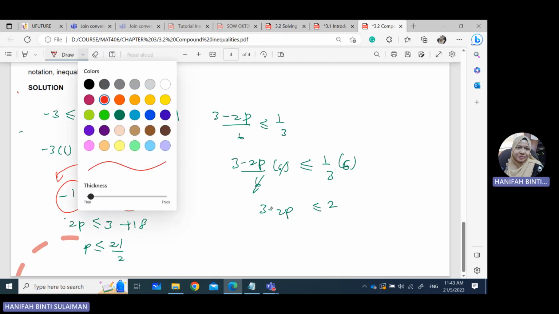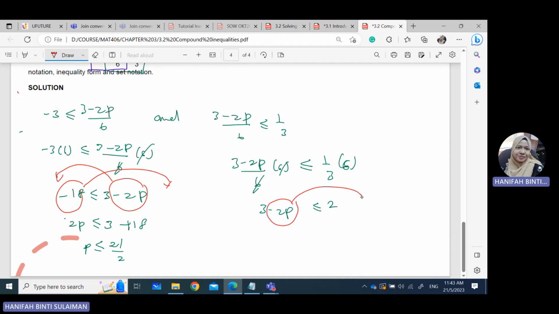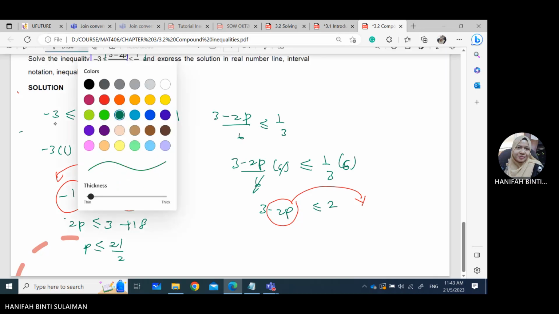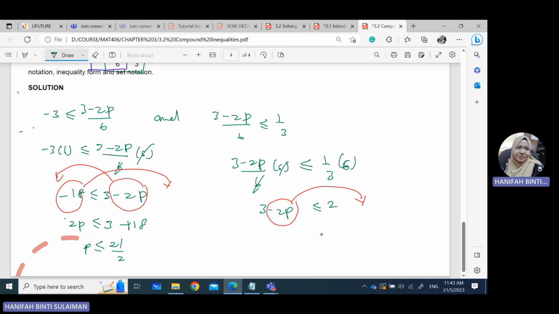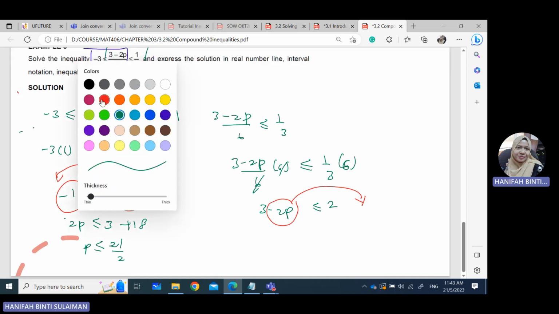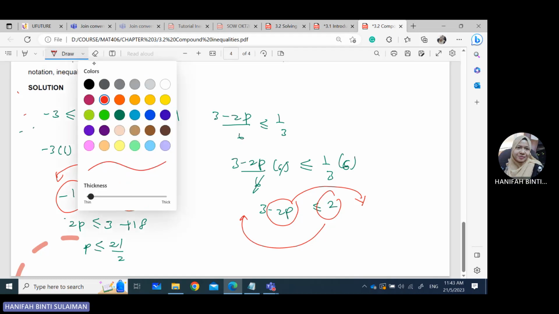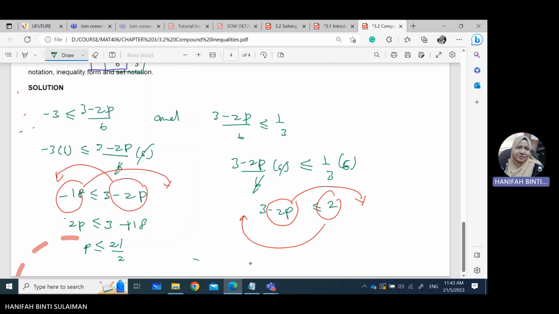This one kita boleh pindahkan. Kalau you tak nak pindahkan tak apa. Tapi at the end of the day nanti you kena change dia punya sign of inequality tu. Okay, so ni yang tu kita pindah sebelah. Dia akan jadi negatif. So 3 minus 2 less than or equal to 2P.